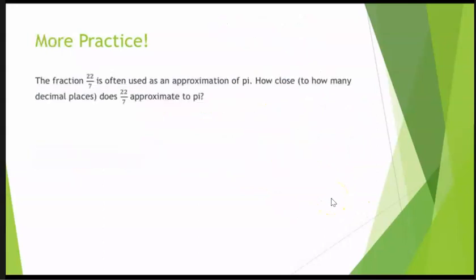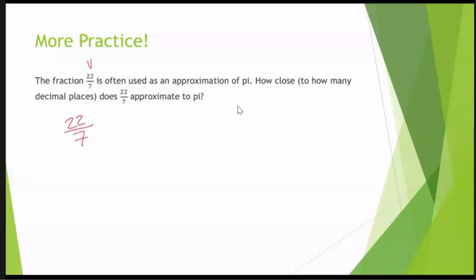Depends. So here's another practice where it's a little bit harder, but that's IB for you. We have the fraction 22/7, and it's often used as an approximation of pi. How close, by which we mean to how many decimal places, does 22/7 approximate pi? Well, you're going to want to use a calculator for this, don't just round.